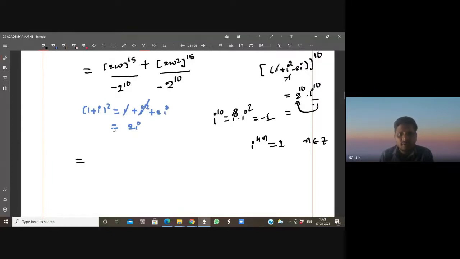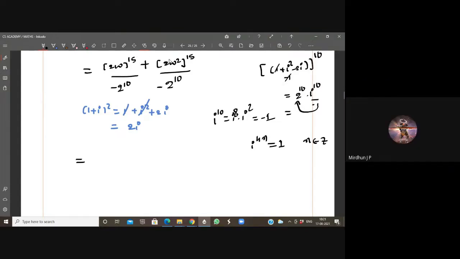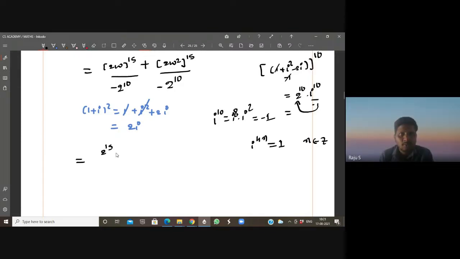So what is common in the numerator? 2 omega whole power 15, that is 2 power 15 and omega power 15. You can take omega power 15 common, that is nothing but 1 plus omega power 15. Am I right, students?